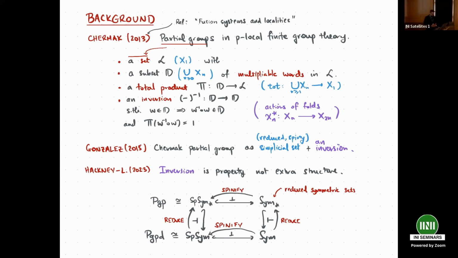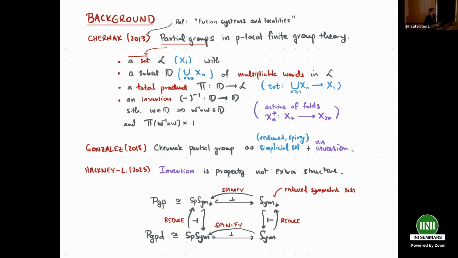So I've just given you a very compact picture of the main result of the paper with Philip, that Chermak partial groups are in fact isomorphic to the category of reduced finite symmetric sets, as a full reflective subcategory of the category of reduced symmetric sets.